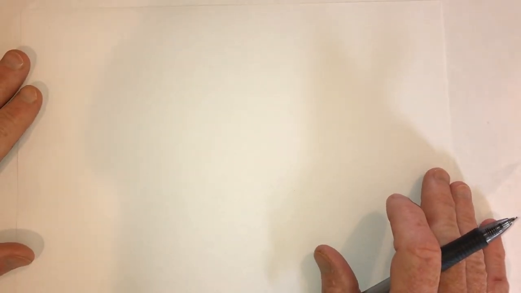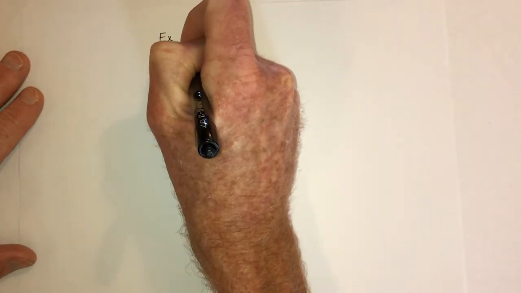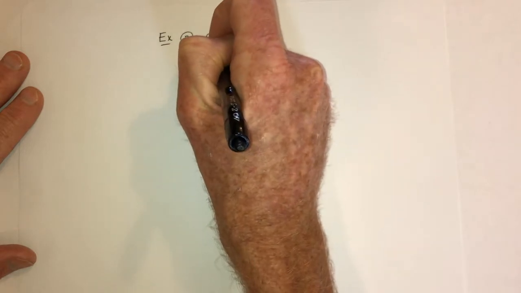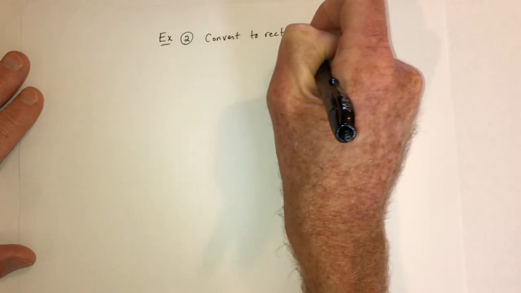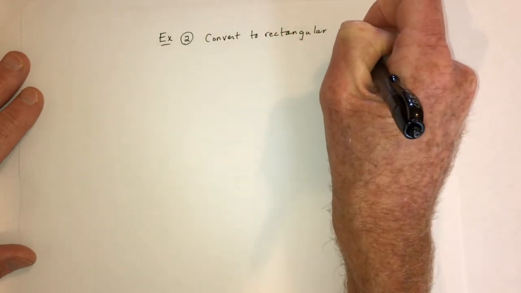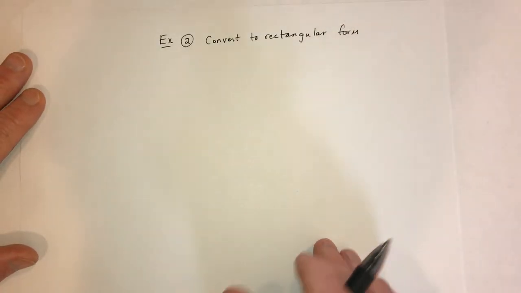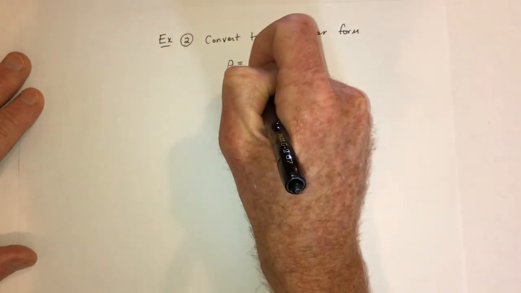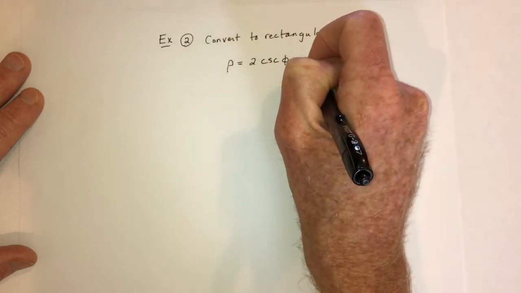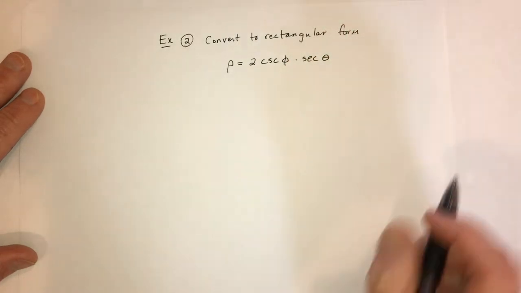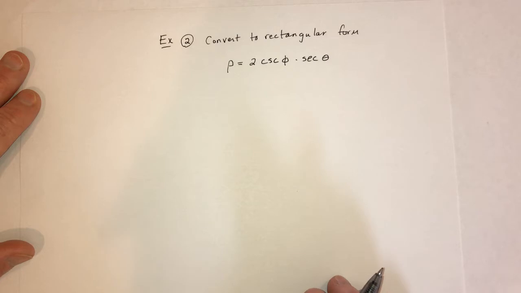Then for example number 2, now the other way around. So this is rho equals 2 cosecant phi times secant theta, and then change that to have x's and y's instead of rho and all that other stuff.